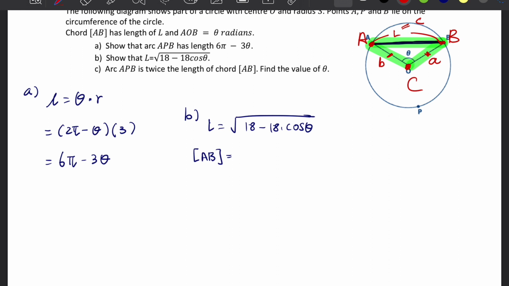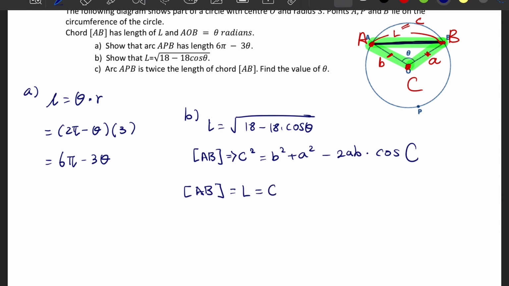Then using the cosine rule, c squared is equal to b squared plus a squared minus 2ab times cosine C. The line AB is the same as L and is the same as c.